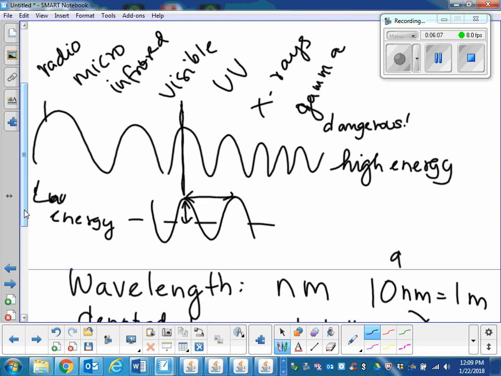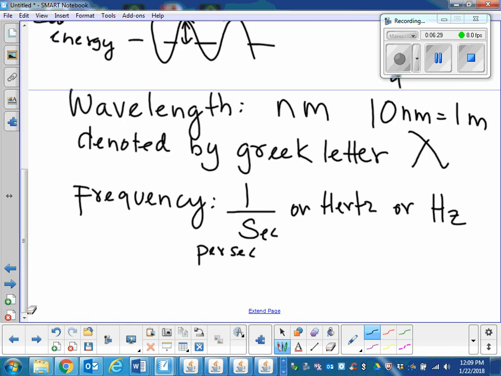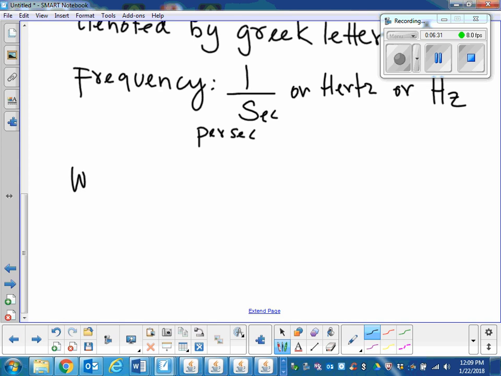Now, let's look at these waves. What is the difference in wavelength here and here? As the wavelength gets shorter, what happens to frequency? Frequency gets higher. Yes. Okay, answer the question. Sorry, I thought you had a question. All right, so let's write the relationship down.